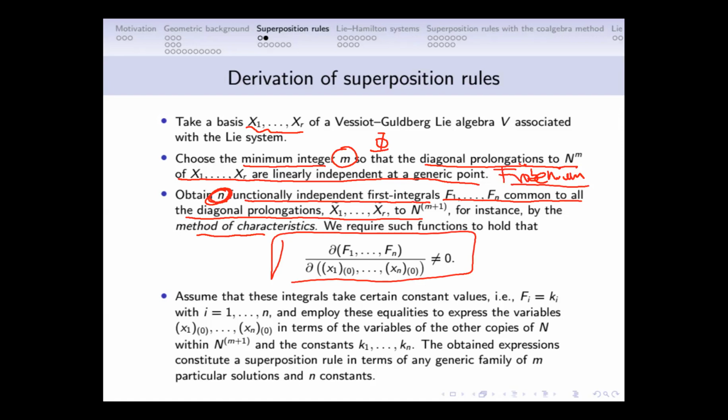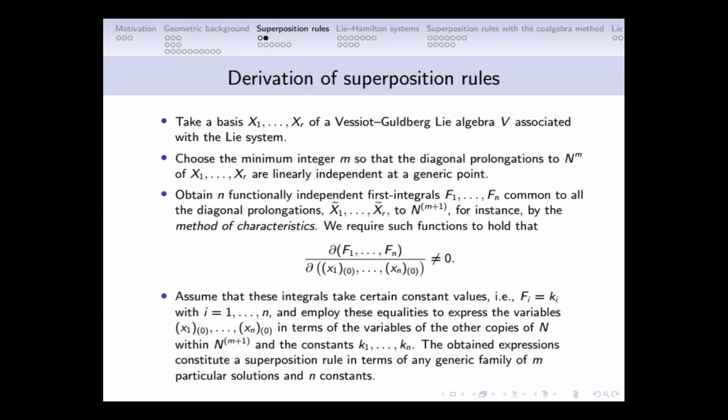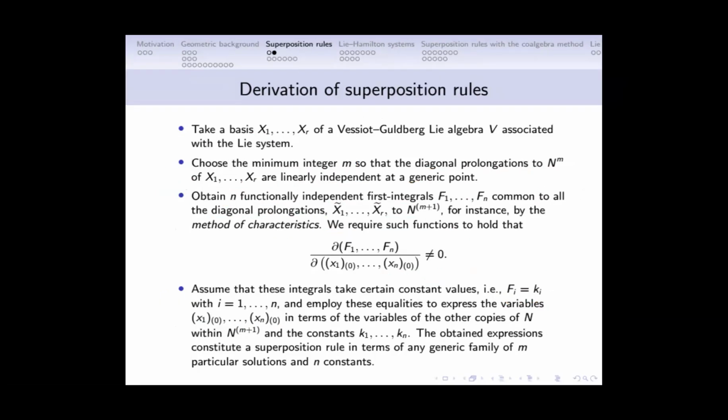And then each of these first integrals are going to be constant over the manifold. So basically, what you're forming is a foliation of the space by choosing different constants for these first integrals. And then from here, you can obtain the initial variables, and you will get what is called a superposition rule. So I'll show you with an example.